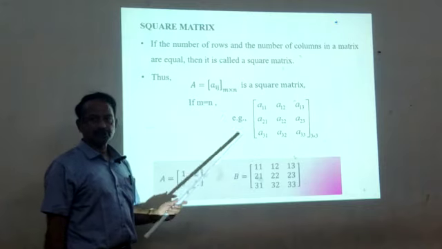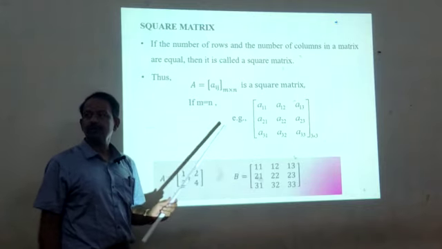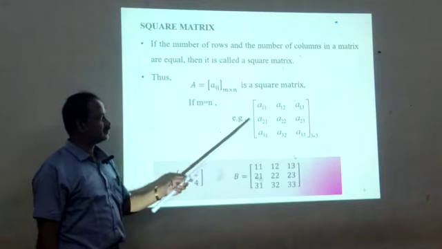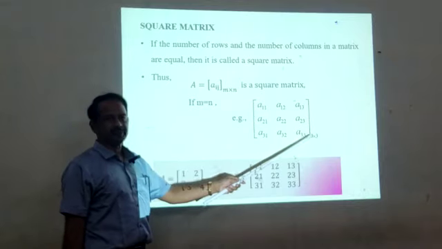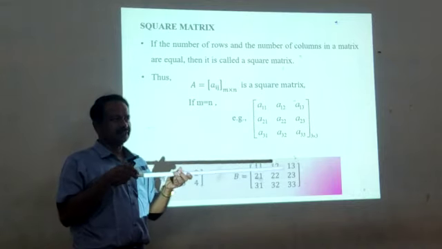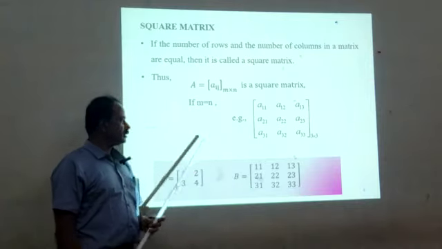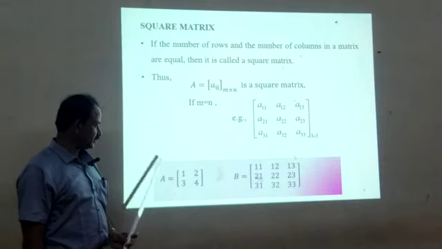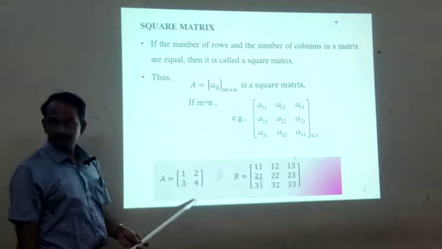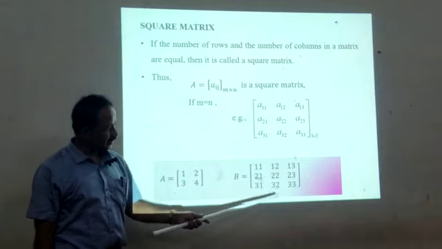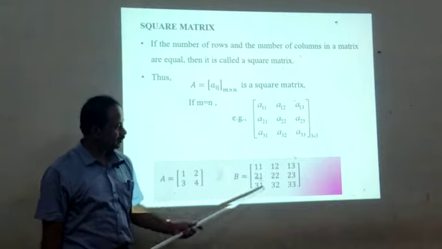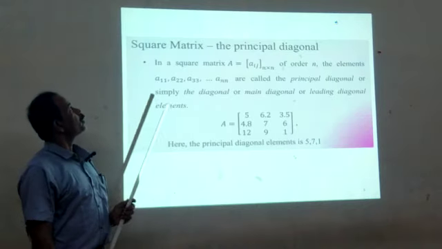So here the number of rows is equal to the number of columns. So they are square matrices. They are all square matrices. A 3 by 3 matrix: three rows and 3 columns, so it is 3 by 3. It's a square matrix. Examples of square matrix will be 1 2 3 4, a 2 by 2 matrix. Again here it is a 3 by 3 matrix, correct?